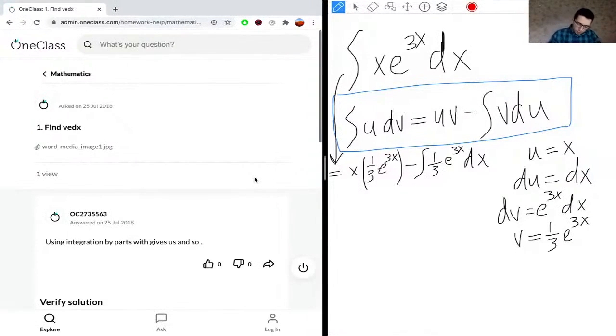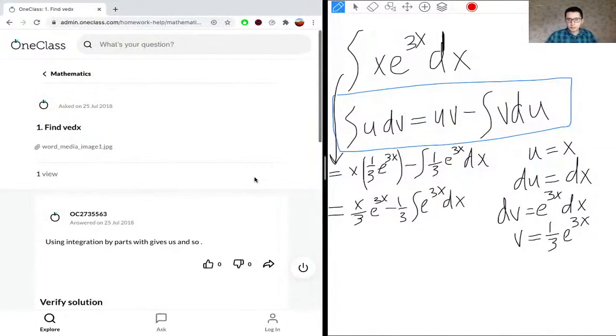So now we'll simplify and evaluate the integral. Here we have x over 3 e to the 3x. And then we'll take the 1/3 to the front, and then we have the integral of e to the 3x dx.